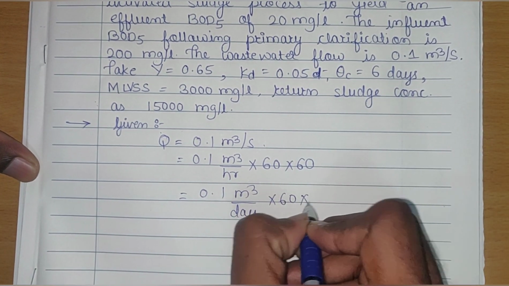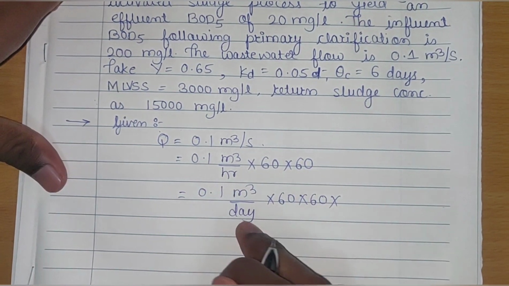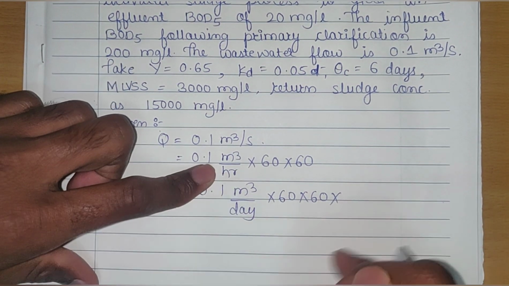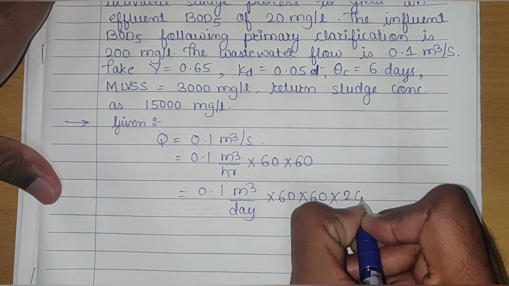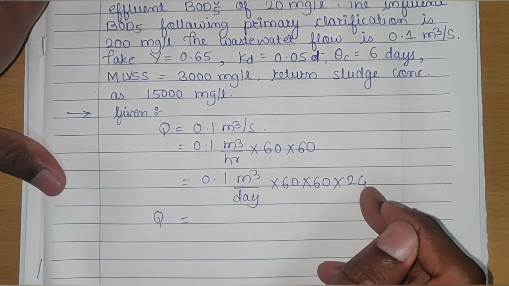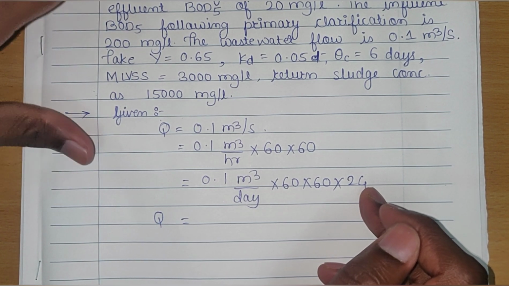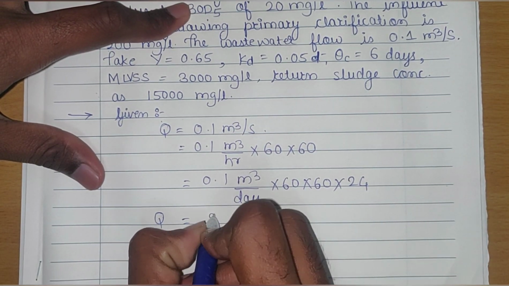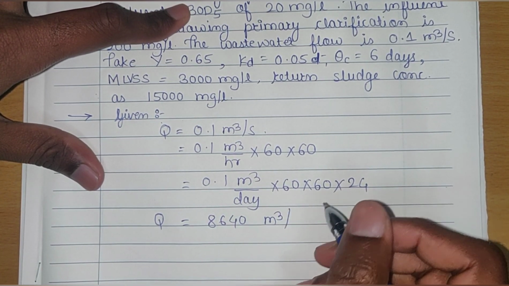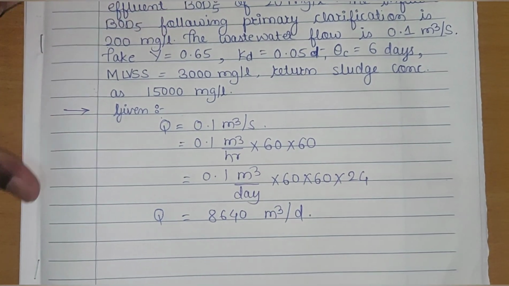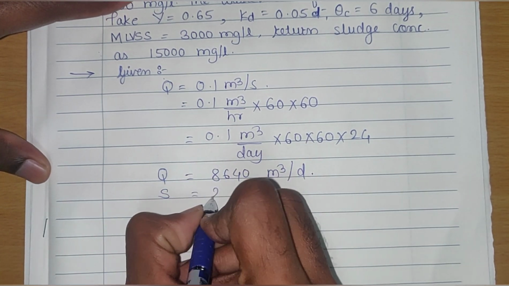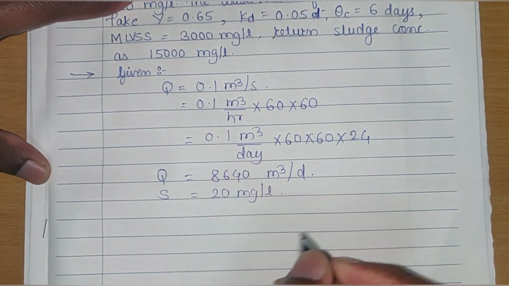Keep 60 into 60 as it is, and hours to day conversion is 1 by 24, and since hours is in the denominator, you have to multiply it by 24. So you will get the value of Q as 8640 meter cube per day.